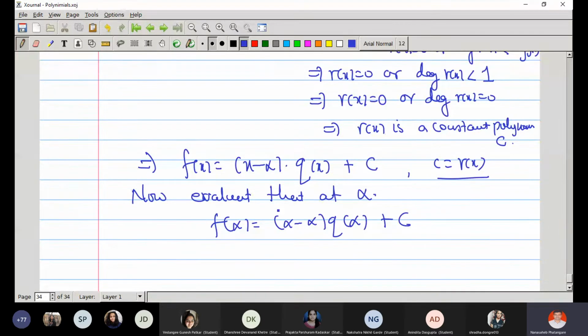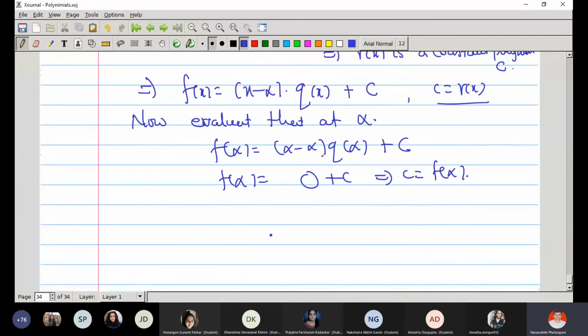So ultimately what we get? Alpha minus alpha is 0. Therefore this term is 0. Therefore c is f(alpha). And therefore f(x) is equal to (x minus alpha) into q(x) plus f(alpha).